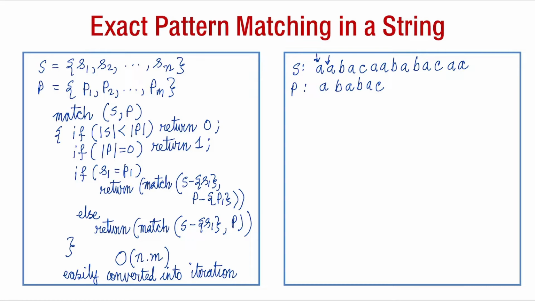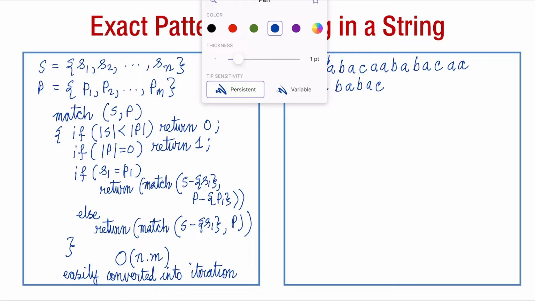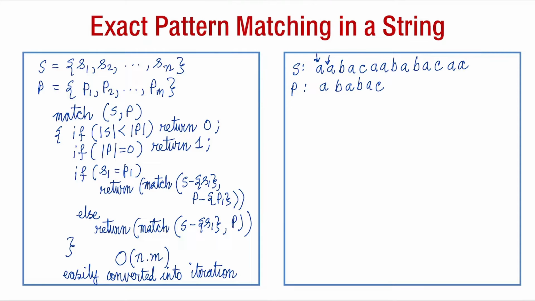So once there is a mismatch, where to go back and start, that pre-processing data structure can be created. For example, in this case, how would that pre-processing data structure look like? The pre-processing data structure would look like this. We draw up a state machine as follows.